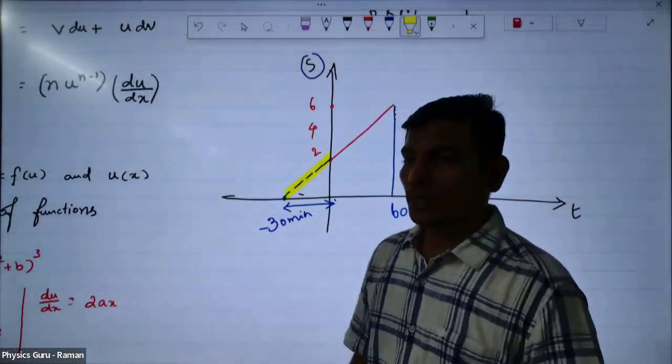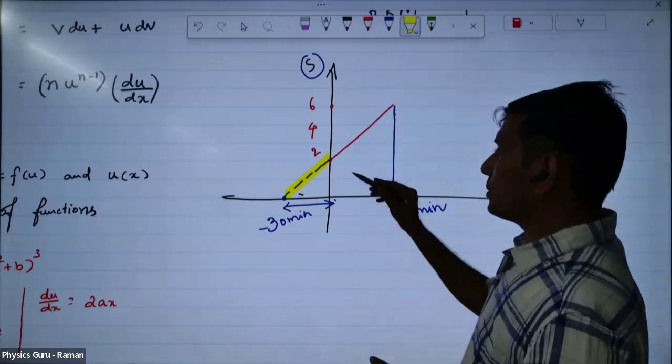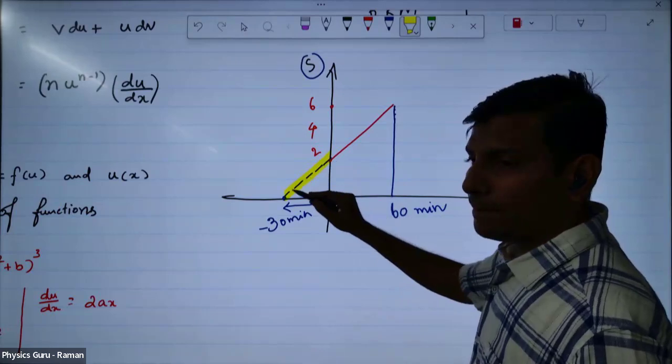Sir, can you repeat how it came like x-axis intercept, from 2 kilometers? Very simple. What do you mean by the term intercepting? Sir, the line that intercepts the y-axis and x-axis. No, actually the line is not intercepting, the line is actually connecting.